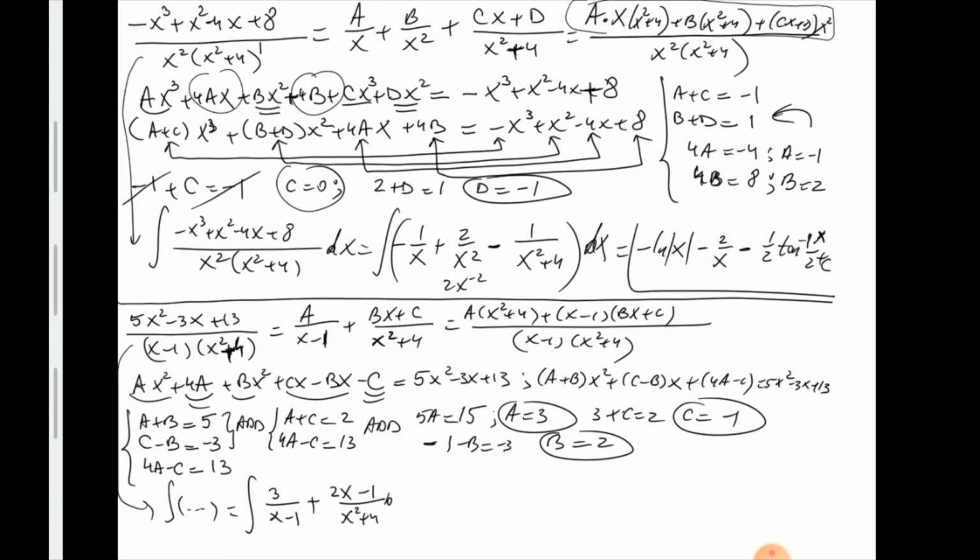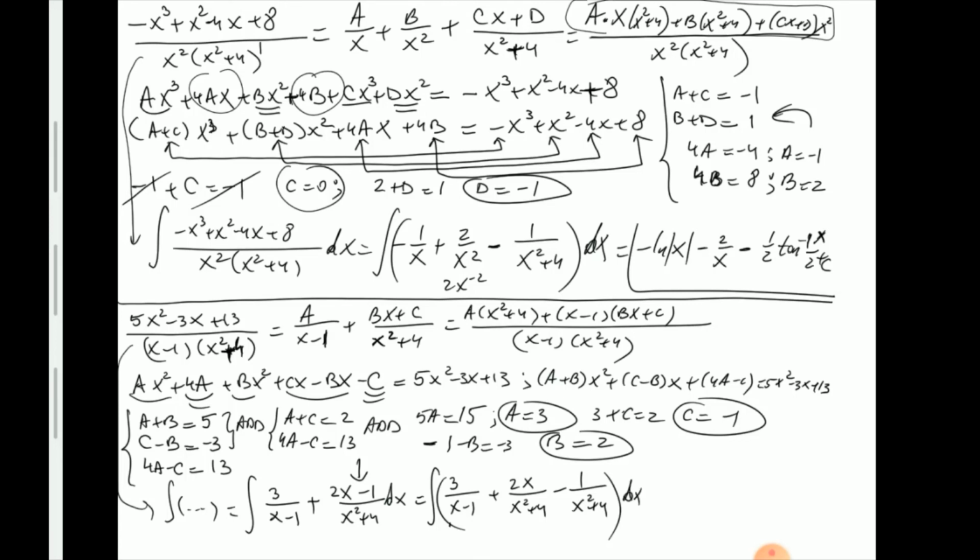Now remember, when we integrate this, we're going to have to split this further because you have that u substitution with x on the top. So remember how we integrated a type 2 partial fraction. So that splits into 2x over x squared plus 4 minus 1 over x squared plus 4. So you could do this separately and then check the answer after that.